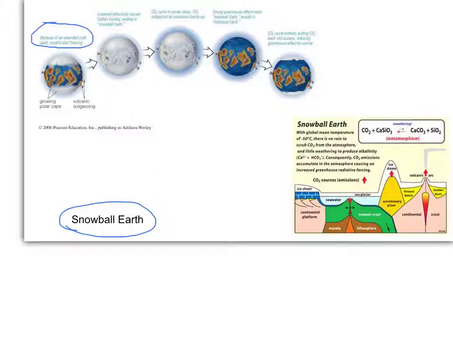But as those ice caps expand, the albedo of the planet is changing. The degree to which incoming solar radiation is absorbed is decreasing. With more and more ice, more and more of the incoming solar radiation is reflected out to space rather than being absorbed.